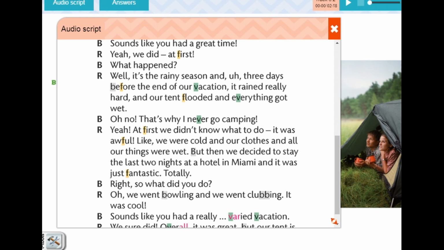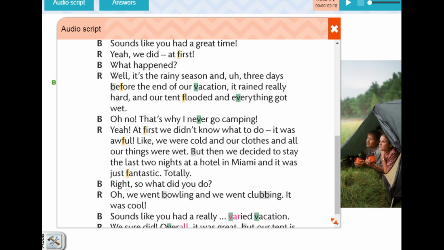And the guy says, that's why I never go camping, especially in the raining season, right? It's not a good idea to go camping when it's raining a lot. And other things they mention here, they got cold, their clothes totally wet, they stayed the last 2 nights in a hotel, right? But it was just fantastic.